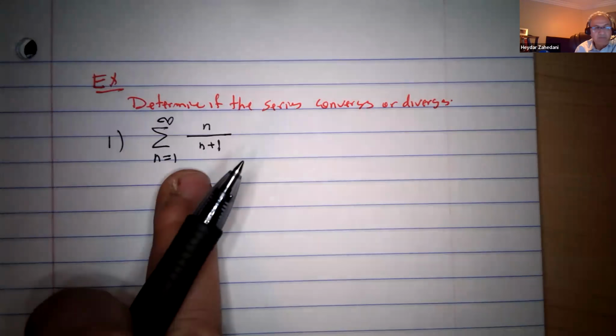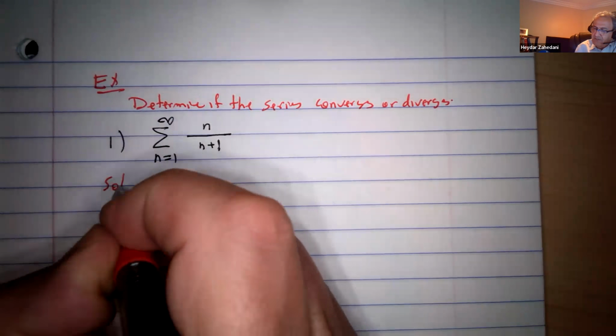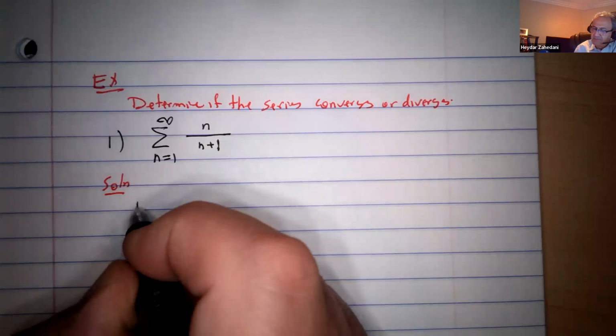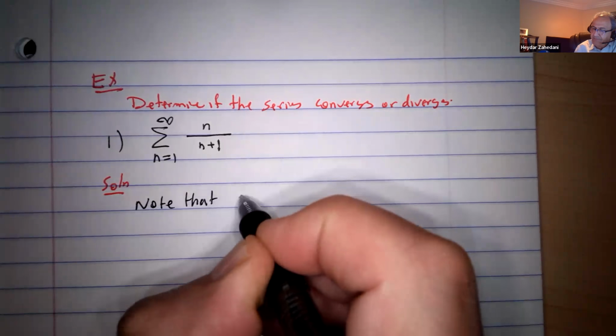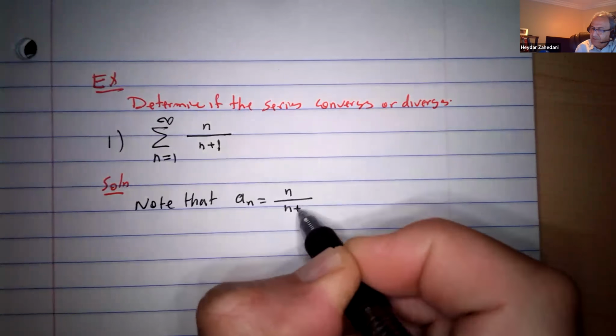Solution: you see the general term of the series, your a_n. Note that a_n is equal to n over n plus 1.